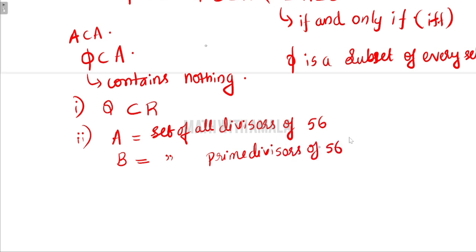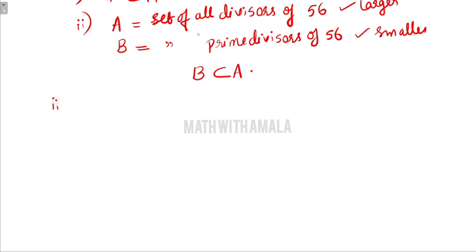B is equal to the set of all prime divisors of 56. Here, the set of all divisors of 56 is the largest set, so we can consider it as the superset. The smaller set is the set of all prime divisors of 56 because we are limiting the condition. So it becomes a smaller set than the larger one. So you can simply say B is a subset of A.